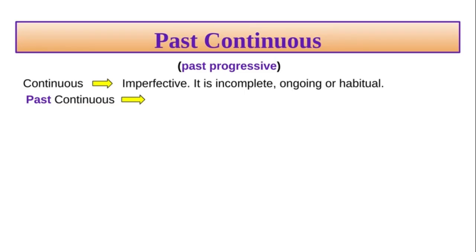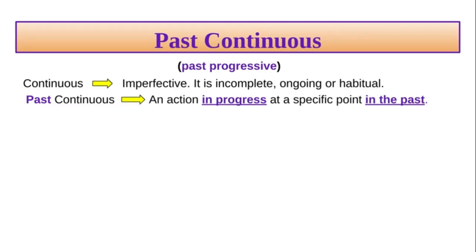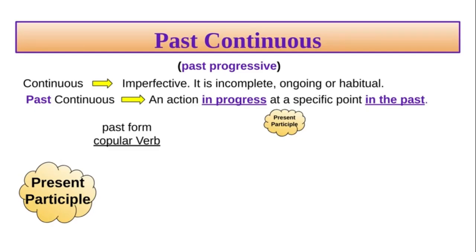The past continuous is an action in progress. It is ongoing to a specific point in the past. It's an action in progress at a specific point in the past. Combine the past form copular to be verb with a present participle to conjugate the past continuous.